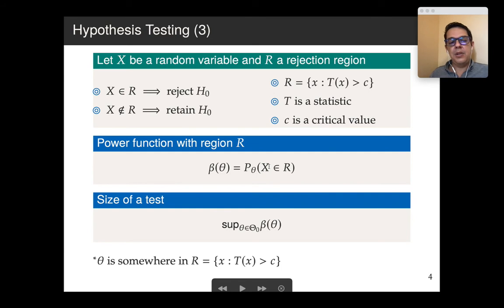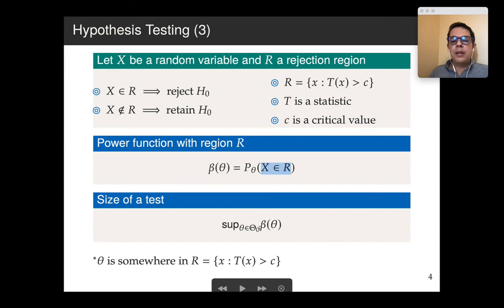That is a definition. And the size of the test is also a definition. The size of a test is the maximum value that the power function beta, which is in fact a probability, can have. That is the maximum probability that X belongs to the region. But I'm going to spend a little bit of time here.